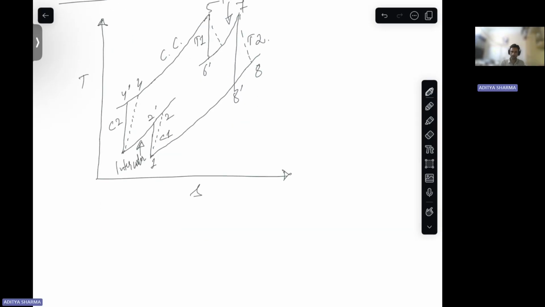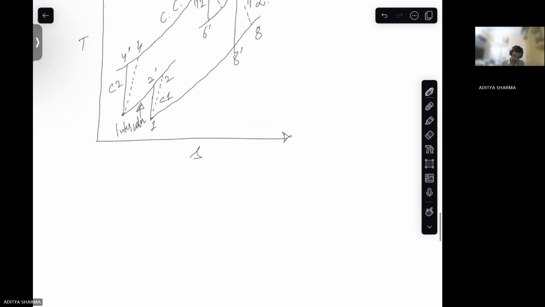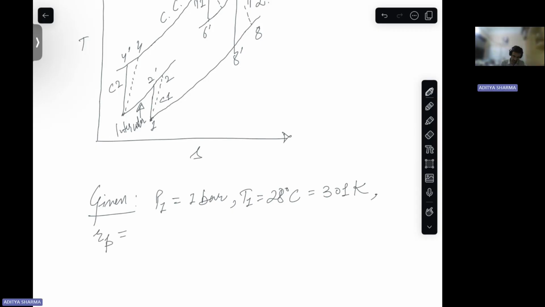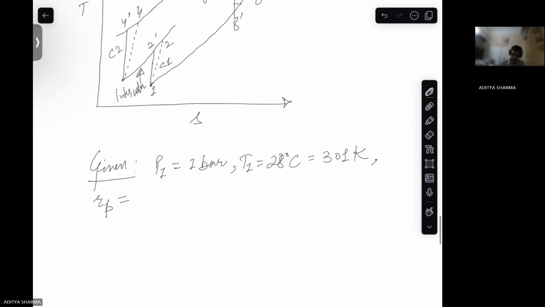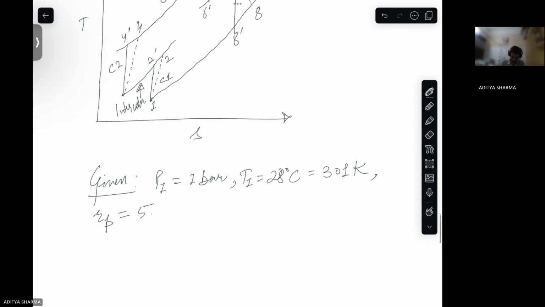Then what is given to us? At the inlet of compressor, that is point 1, you have 1 bar pressure. Temperature is 28 degrees Celsius, that is 301 Kelvin. Then you have pressure ratio as 5.4.